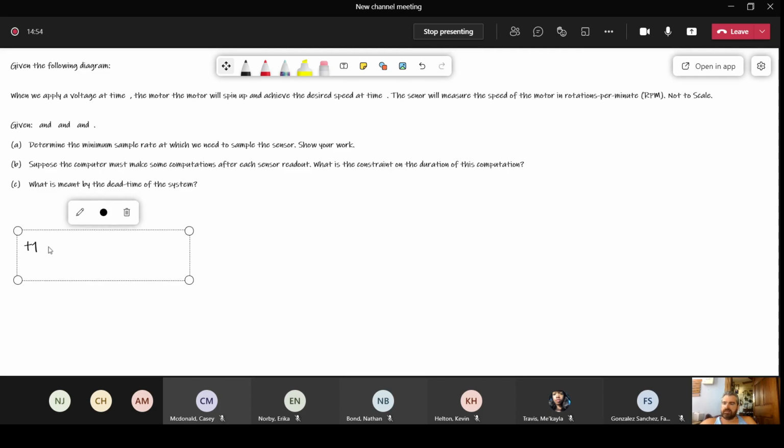Okay, we're going to say T1 equals, grab the sheet, 0 seconds. If I tab out, it goes away. T2 equals, what did I say, 15 milliseconds. T3 equals 50 milliseconds.